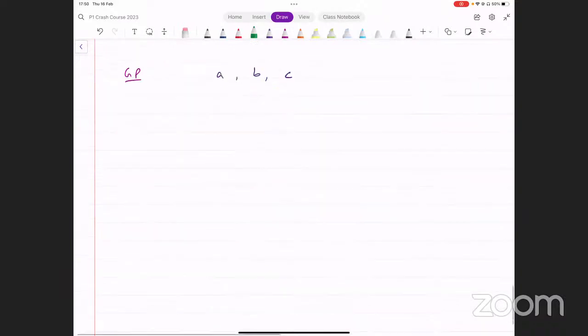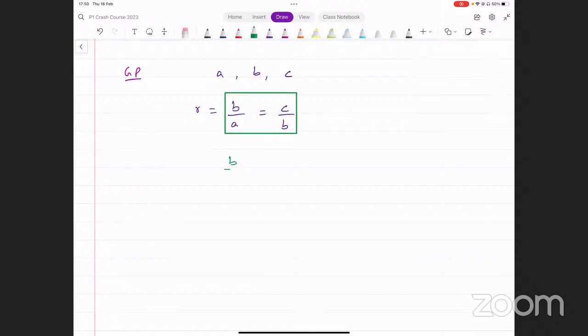In this case as well, you could say the ratio could be calculated as B over A and also C over B. So from this, you get this equation, B over A equal to C over B. So if any one of A, B, or C were missing, you could find that value. This is how you can relate three consecutive terms of a GP.